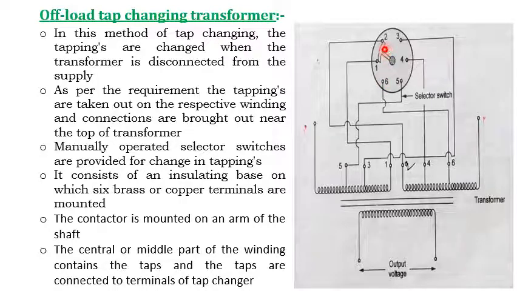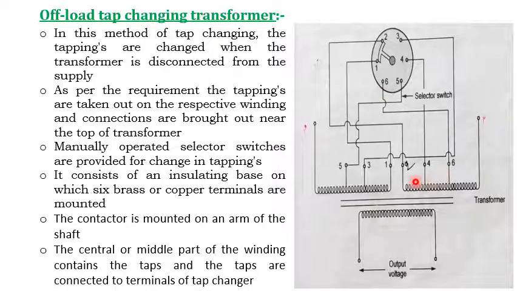So it is moved further to the left side. That means points 1 and 6 are connected here. So this is the one terminal of the winding, and this is the sixth terminal of the winding.